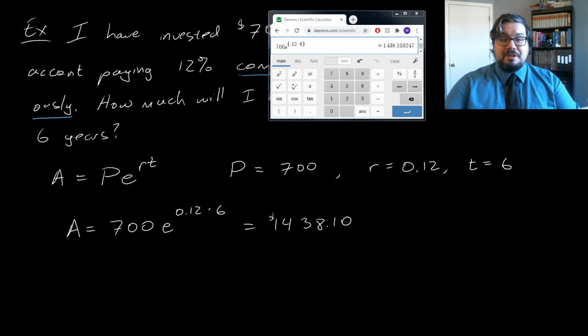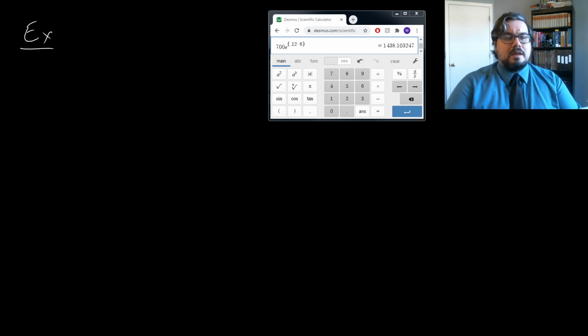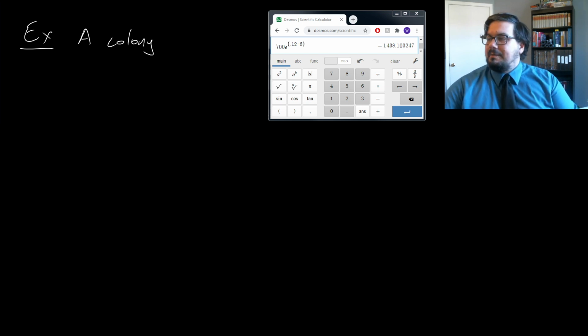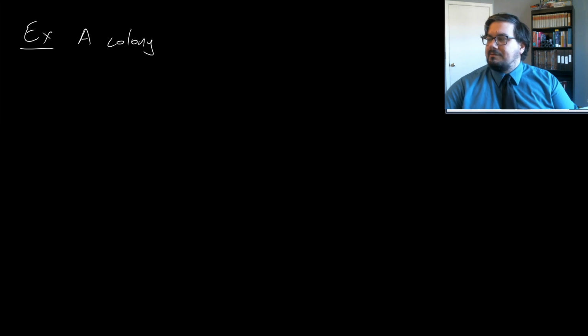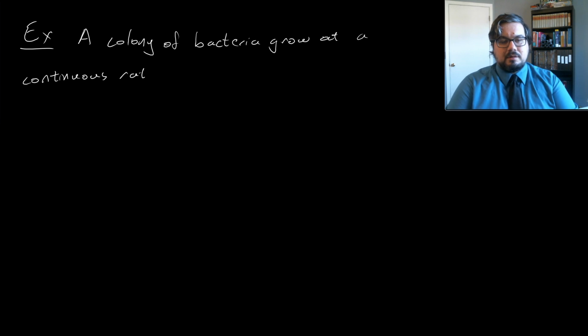We can also go the other way. Let's do another example. A colony of bacteria grows at a continuous rate of 50% per hour.